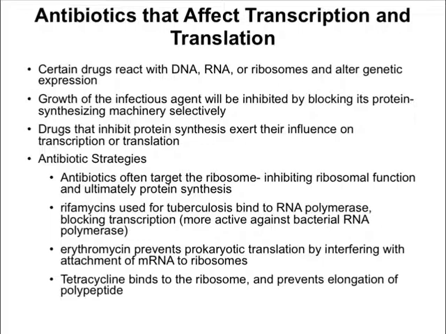Growth of the infected agent will be inhibited by blocking its protein synthesizing machinery selectively. If it doesn't have protein synthesizing machinery, then it can't express any of its own genes, and thus it can't live. So drugs that inhibit protein synthesis exert their influence primarily on transcription and translation.